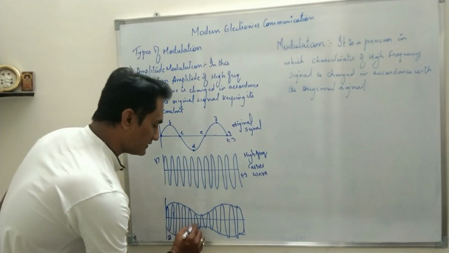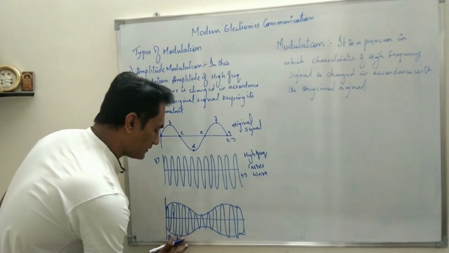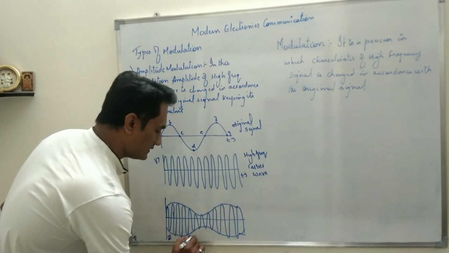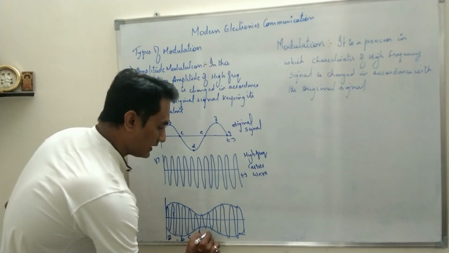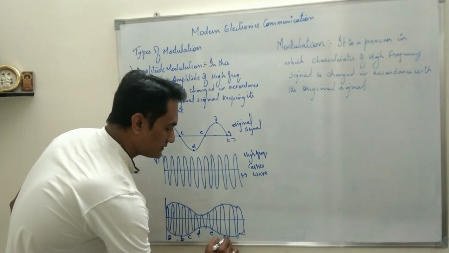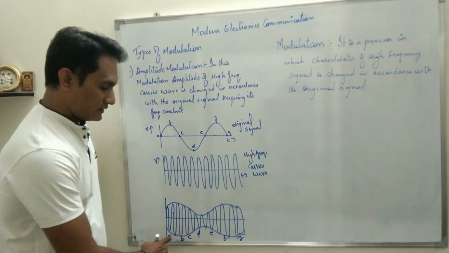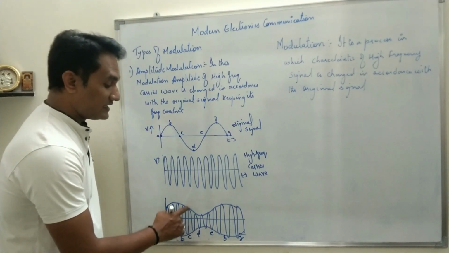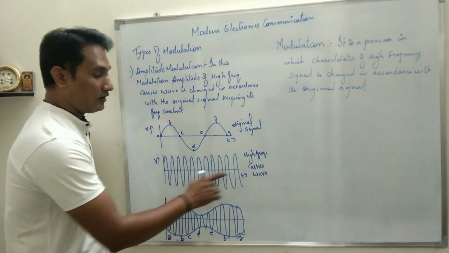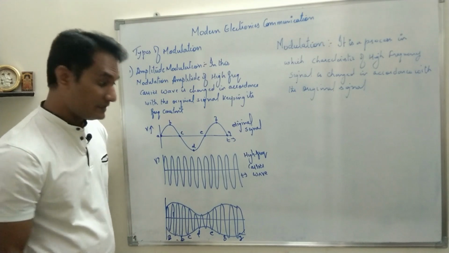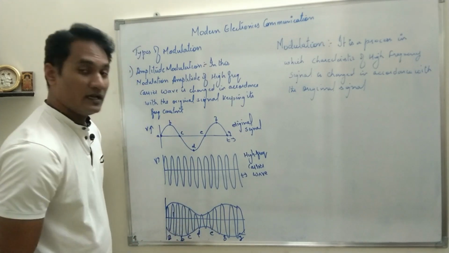This is B, this is C, this is D, again E, this is F, and this is G. So this is how you change the amplitude of the high frequency carrier wave in accordance with the signal, but we keep the frequency constant.